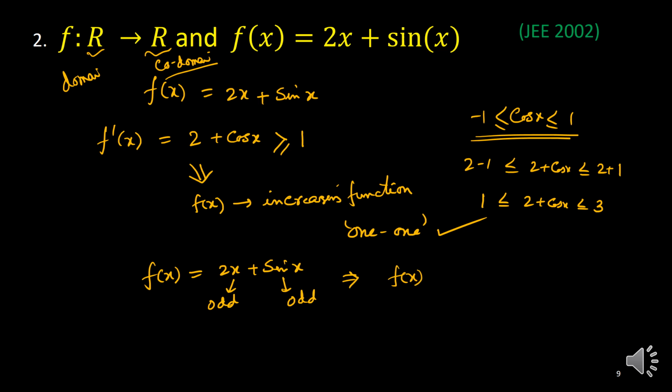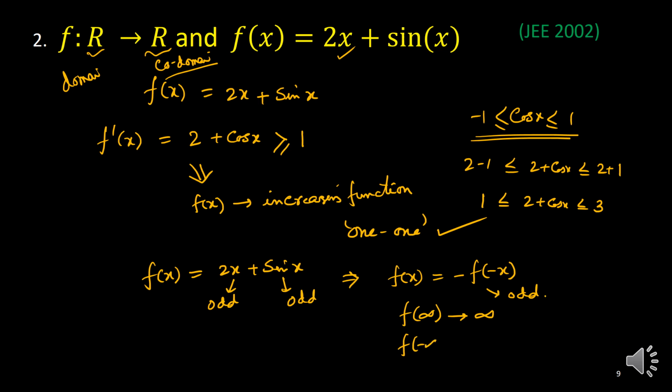Odd function means what? f of x equals minus f of minus x. Right side, whatever value we get, the left side will get just the negative. Now as x approaches infinity, the first term becomes infinite, and the sine term is bounded between minus 1 and 1. So its value approaches infinity.